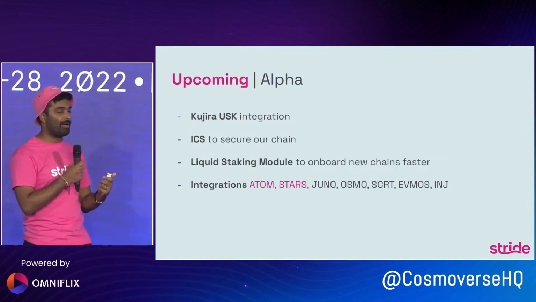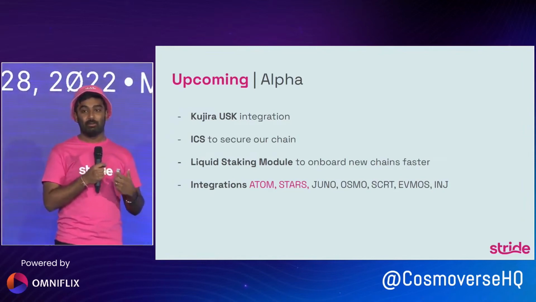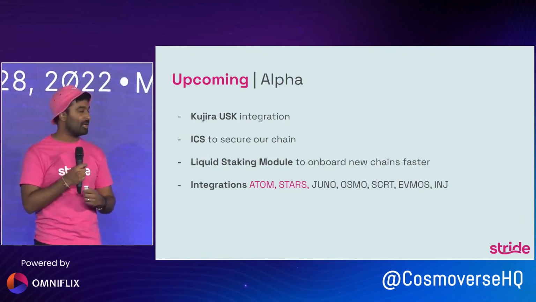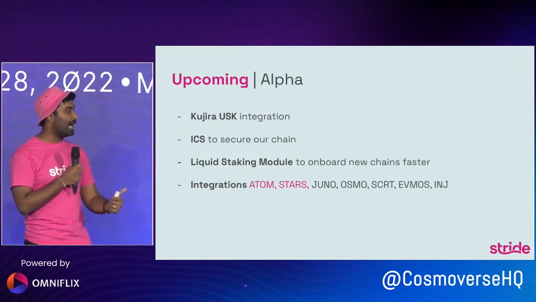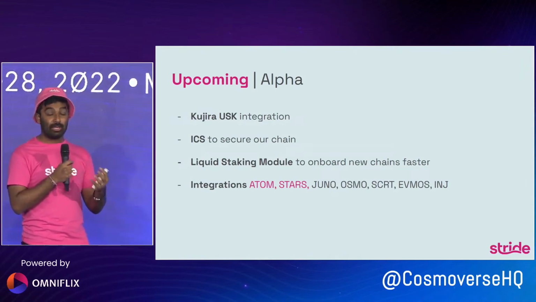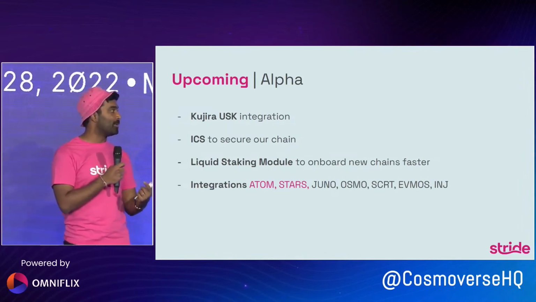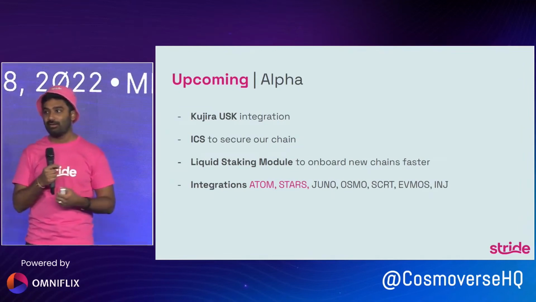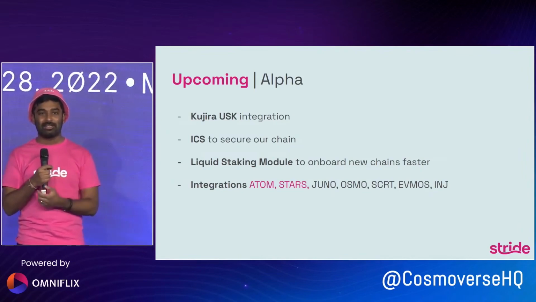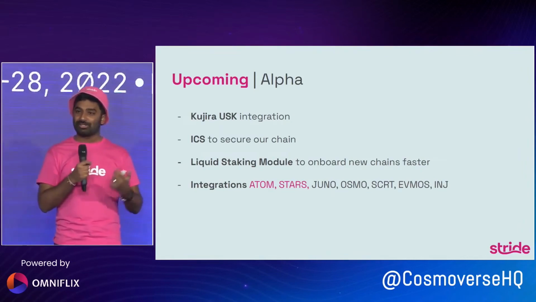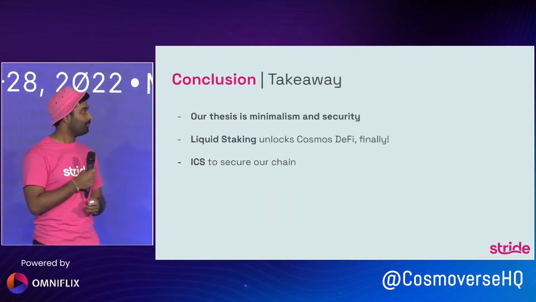Lastly, we're really excited to announce a bunch of upcoming integrations where we are going to deploy Stride on different chains. We've already deployed on Atom and Stars, and the community has told us really positive things and is really excited about Juno, Osmosis, Secret, Evmos, and Injective. If there's any other chain that you're excited to bring liquid staking to, please reach out to us and we'll add it to this roadmap.